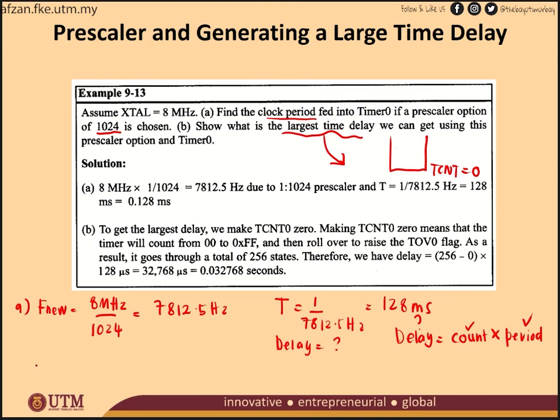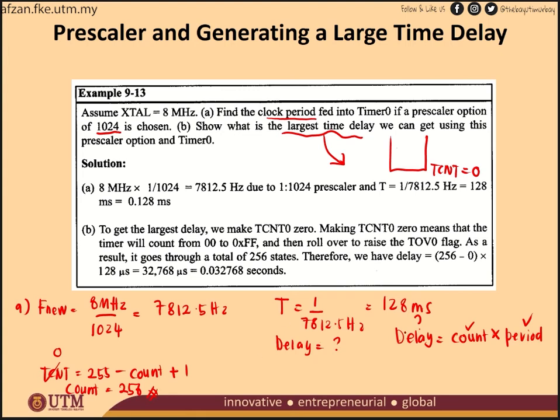So you put in equation number 3, TCNT equals 255 minus count plus 1. You put this one here equal to 0. So what happens is your count equals 256 plus TCNT 0. So your count is 256.